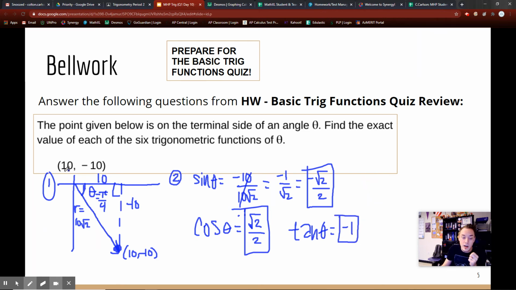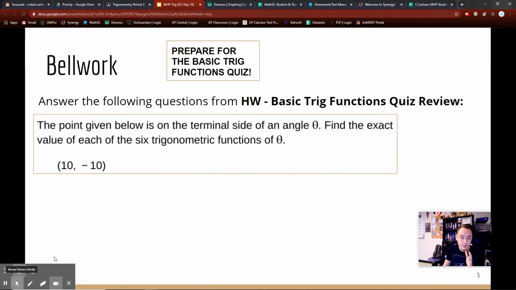Or I can do opposite over adjacent, so -10 all over 10, it gives me -1. You can do the rest if you want. I'm just going to keep them there for the sake of time. Okay? I hope that makes sense. I hope you're kind of connecting these trigonometric functions here.